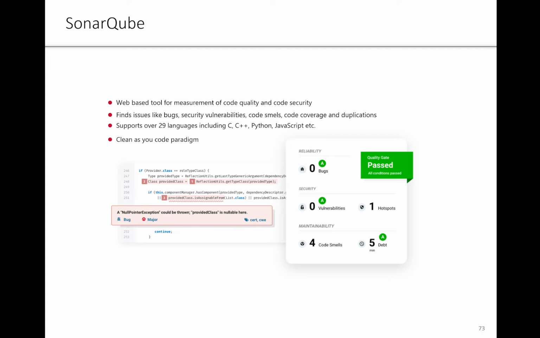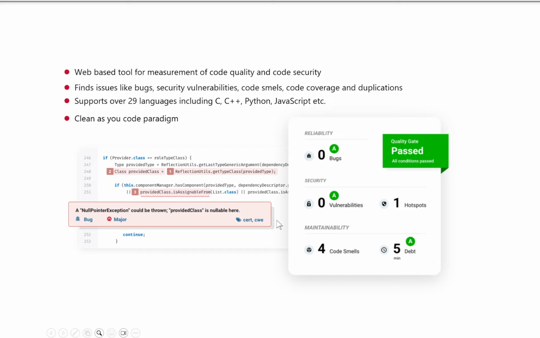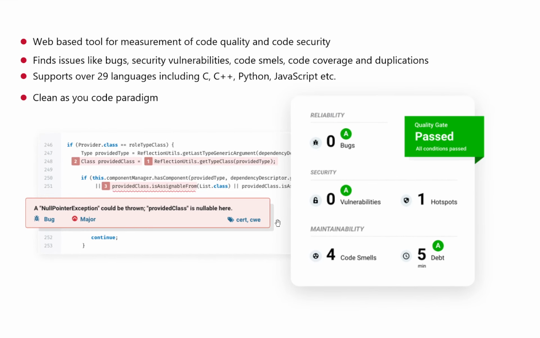This is where SonarQube comes into play, and this is also maybe the most important slide with regard to static code analysis. It's a web tool that runs on your code, it doesn't need to execute it, and it finds issues like bugs, security vulnerabilities, code smells, code coverage, duplications, and supports lots of languages. This is how it looks.